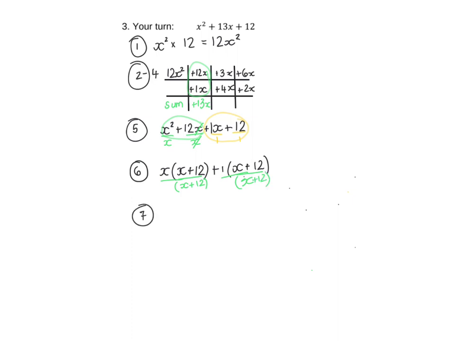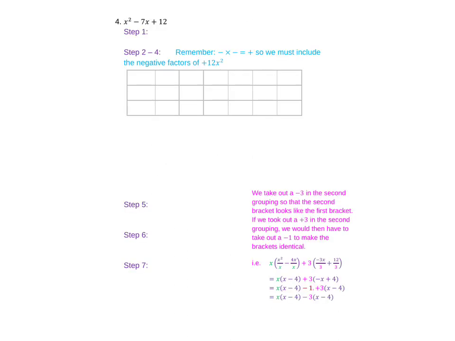So step 7, the common factor is x plus 12, or the common bracket, and the remainder goes into the next set of brackets. So x plus 12 divides by x plus 12 every time, and then you have no brackets left. So then remaining in my first term would be x, and my second term positive 1. And so x plus 1 is the remaining value. And that is your fully factorized page.